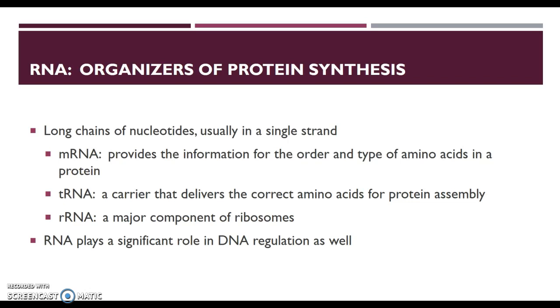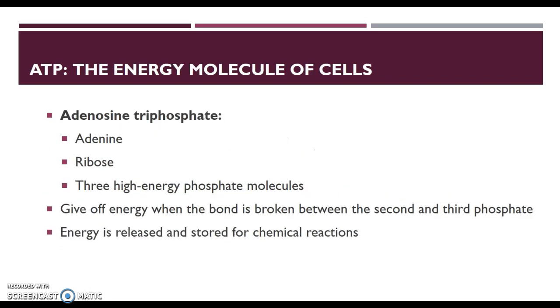So it is important structurally for the formation and function of ribosomes. Okay, and we also know that there are small fragment RNA molecules that are responsible for DNA regulation.